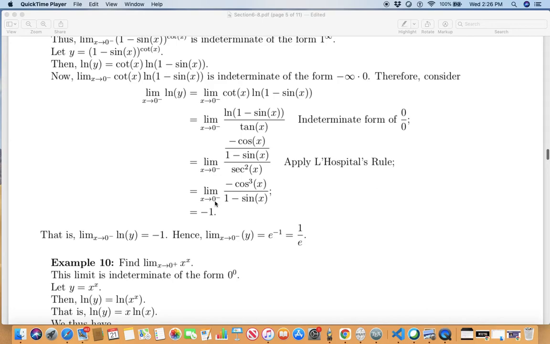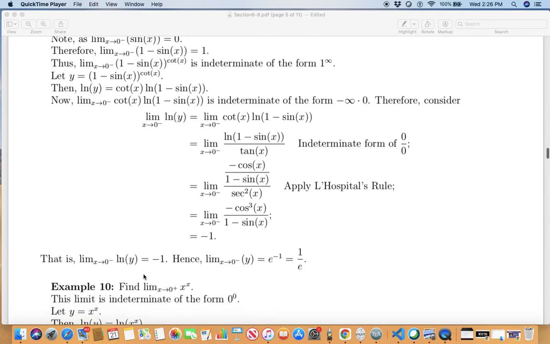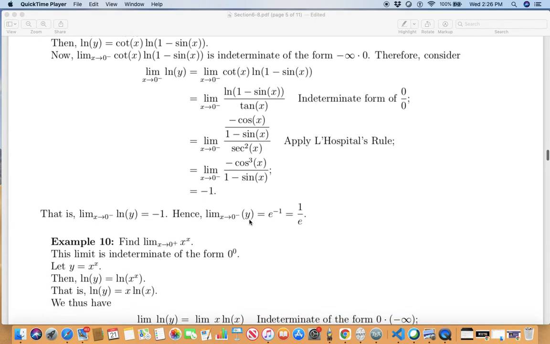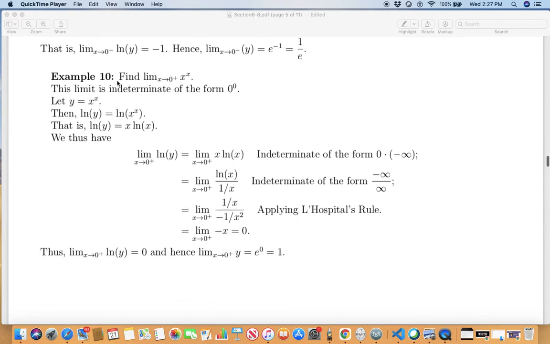Now when x approaches 0, numerator is negative 1 and that's positive 1, negative. So notice this was natural log of y. x approaching 0 from the left of natural log of y is negative 1. So what's the question? The question was for y, not with the natural log. So how do I address it? Take exponential, e to the power negative 1.